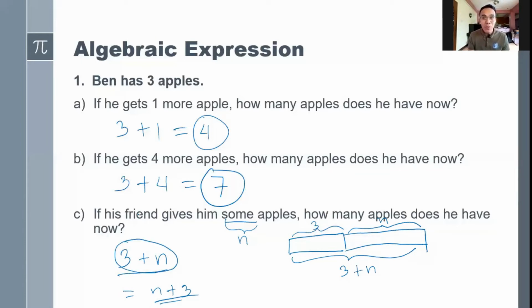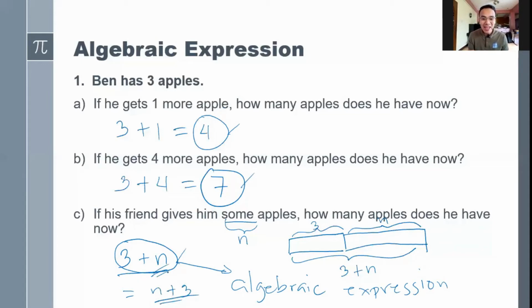So 3 plus N is an example of an algebraic expression. So what do you mean by algebraic expression? It's just something like 3 plus N. It can also be 4. 4 is also considered as algebraic expression. 7 is also considered as algebraic expression. And we also have 3 plus N. This is also an algebraic expression.